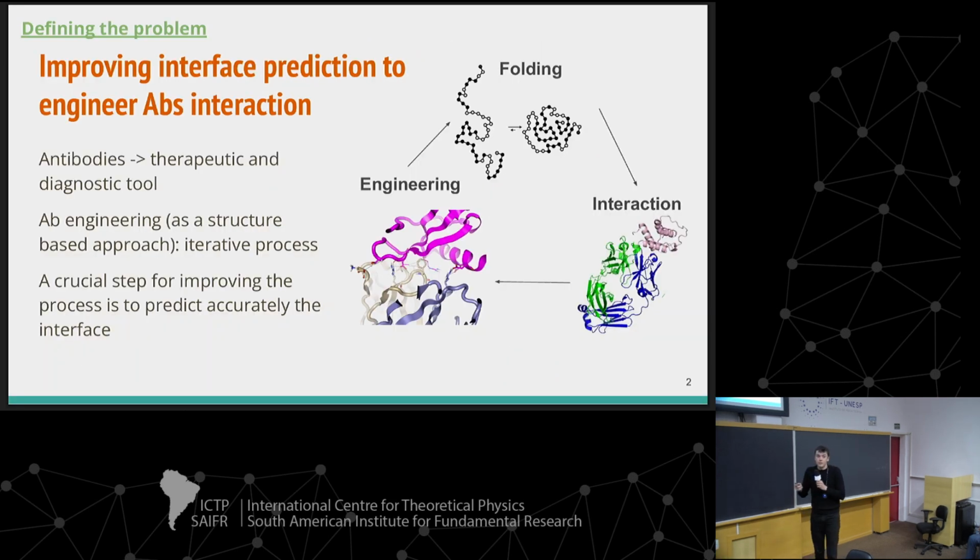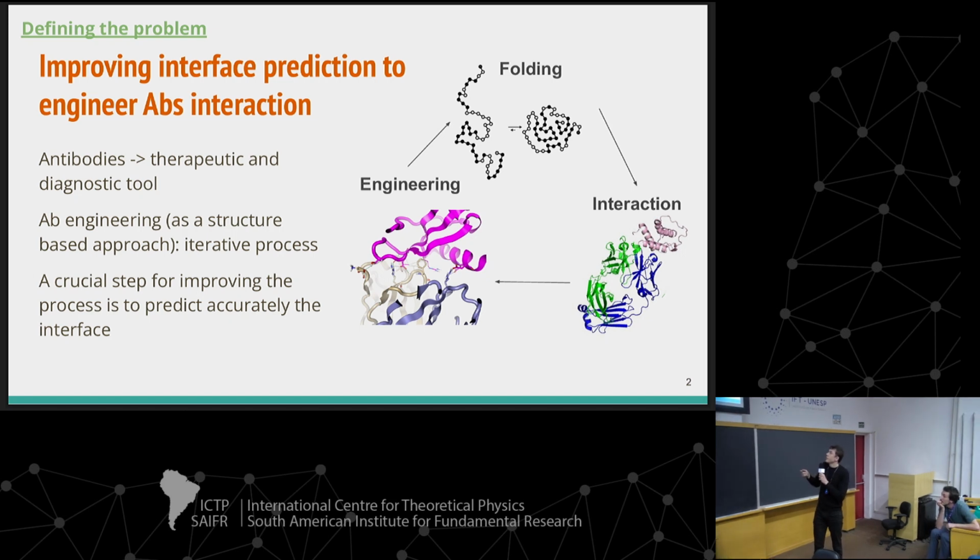So antibodies are very useful therapeutical tools and also diagnostic tools nowadays. And they can be engineered, as we saw during the week, yesterday, for example, by different means.